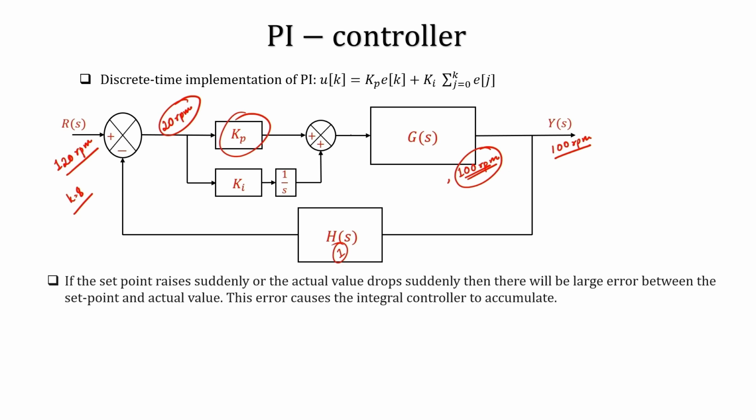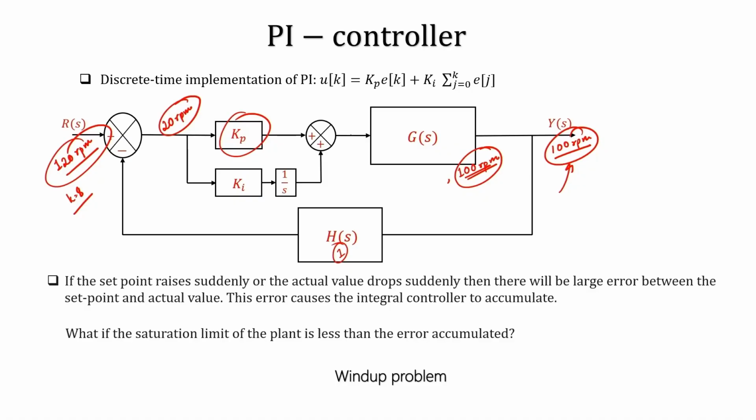At k equal to 10 also you will have an error of 20 RPM, because the output here cannot go beyond 100 RPM, whereas the reference that you have given is more than the rated value. So there will be an accumulation of the error. Every time instant, 20 plus 20 plus 20, the integrator will keep on accumulating error, and this is what is known as the windup problem.